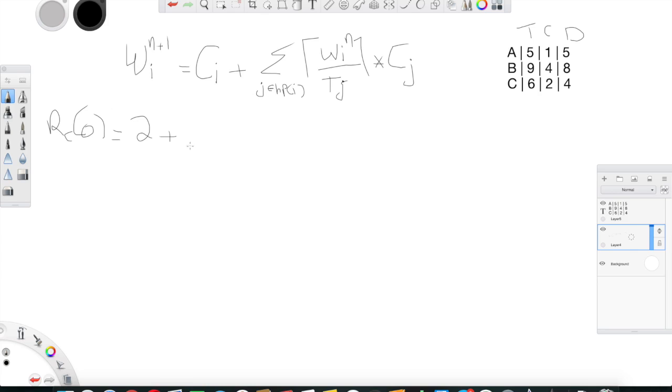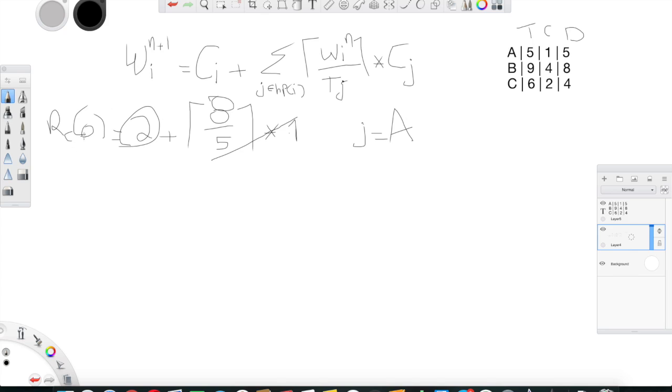So in this part, J is equal to A. We will try to calculate the ceiling of Wi of n. Did I have any previous response times? No. So it will be 0 over the period of J. The period of task A is 5, multiplied by the computation time of A, which is 1, because here J is equal to A. So this part will evaluate to 0, since 0 divided by 5 is 0, multiplied by 1 is 0, so R C of 0 is 2.